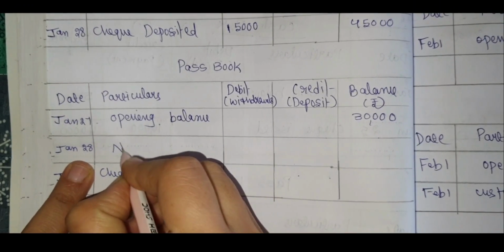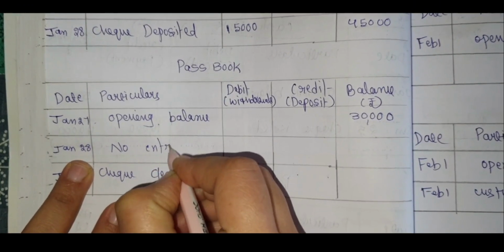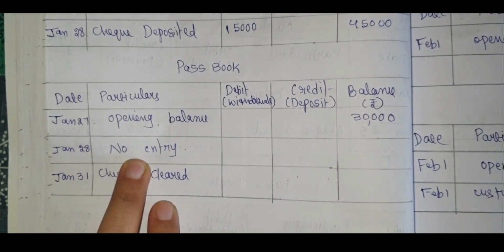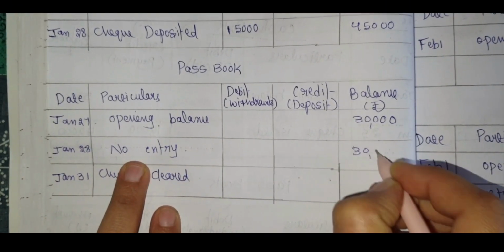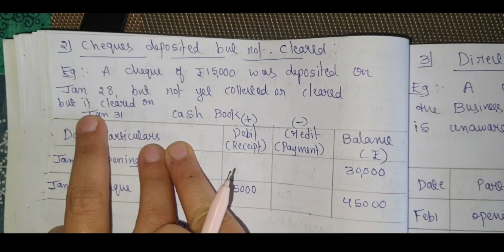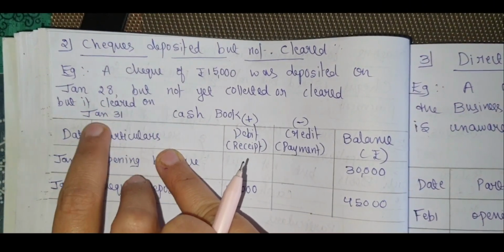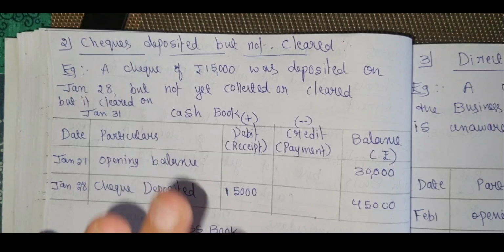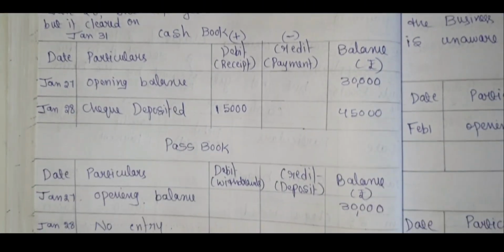Means here there is no entry. On Jan 28 in the passbook there is no entry and the balance is rupees 30,000 only. But here in the question they have given, but it cleared on Jan 31st. It means check cleared on Jan 31st.